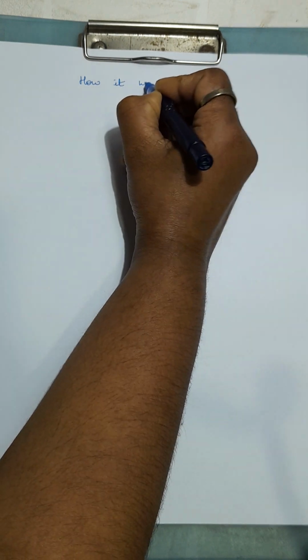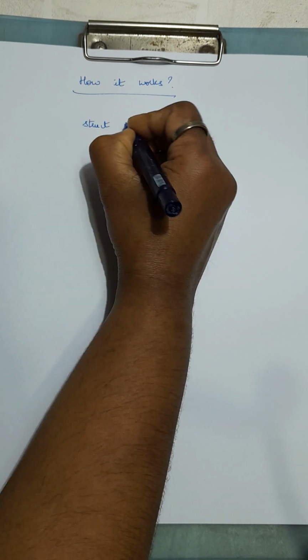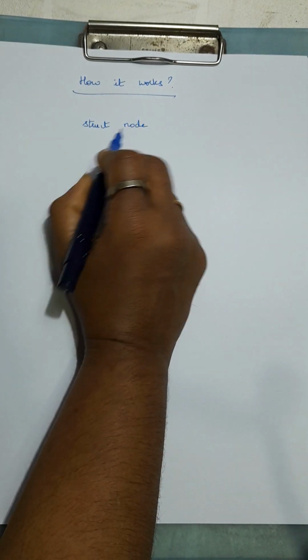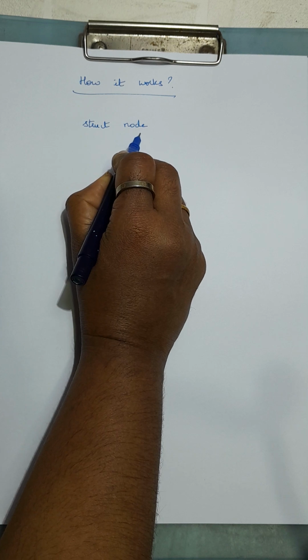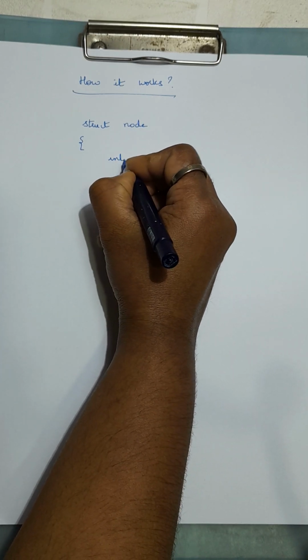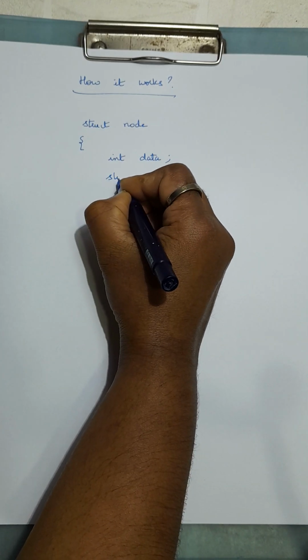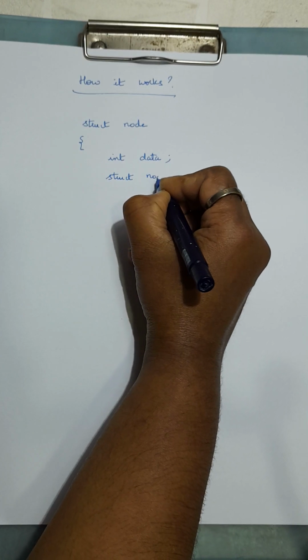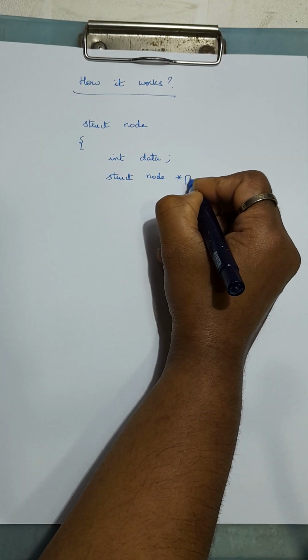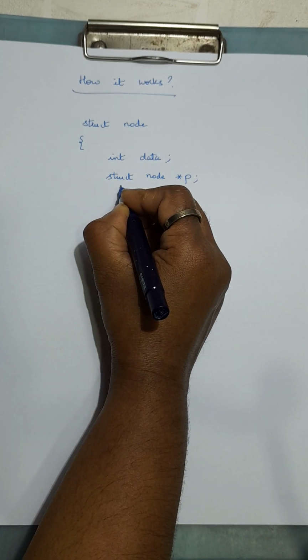How a self-referential structure works: struct node. Struct is a keyword, node is the structure name. I have two member variables here: int data is one variable, and struct node star P. P is a pointer variable of type structure.